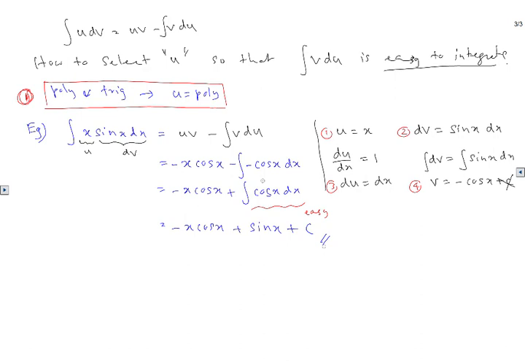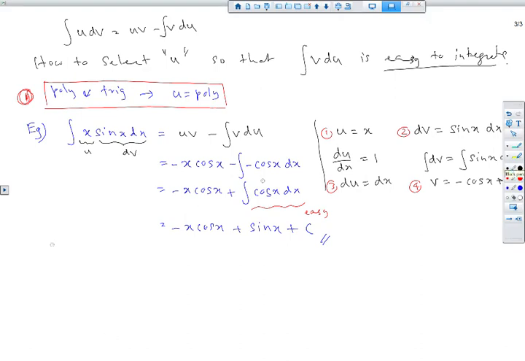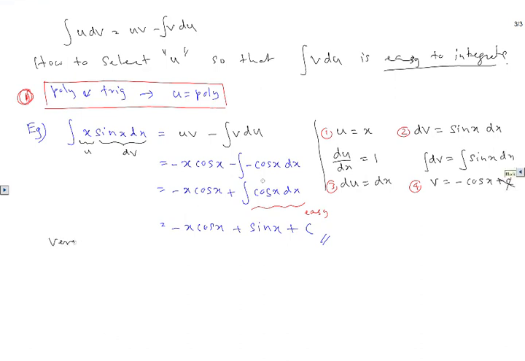Now let's verify whether this is true. You don't have to do that always, but let's just do one example. Let's take the derivative of negative x cosine x plus sine x plus c. For the first one, you have to use the product rule.